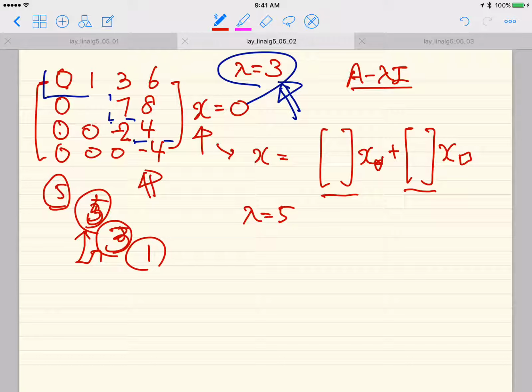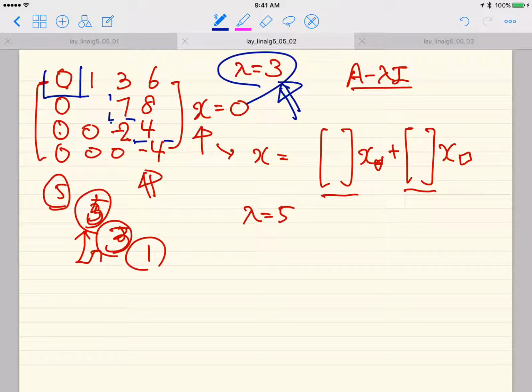So in this case, how many eigenvectors are there, or how many free variables are there? Is it an echelon form or not? Yeah, that's a good question. So we are starting here, right?